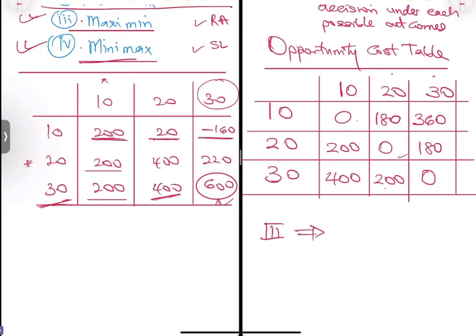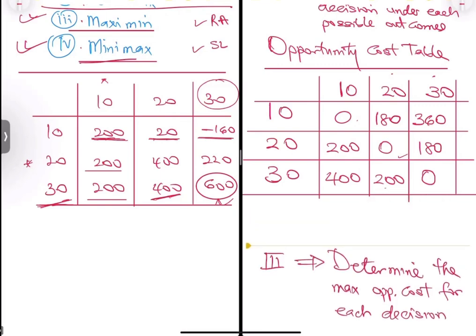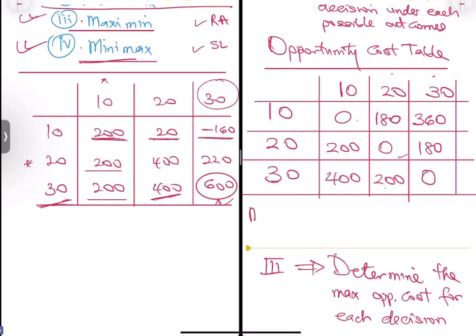Remember, each of these are all opportunity costs for each decision. So you want to determine the maximum opportunity cost for each decision. So let's get the maximum opportunity cost.